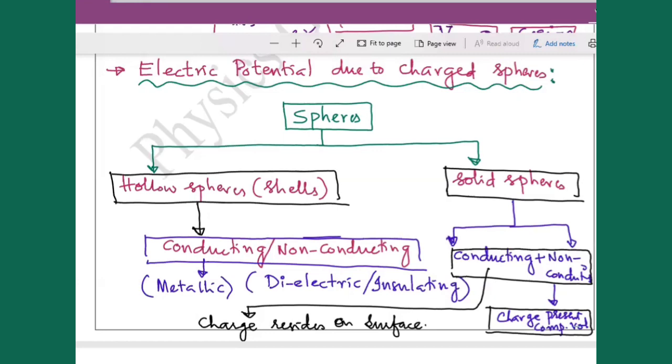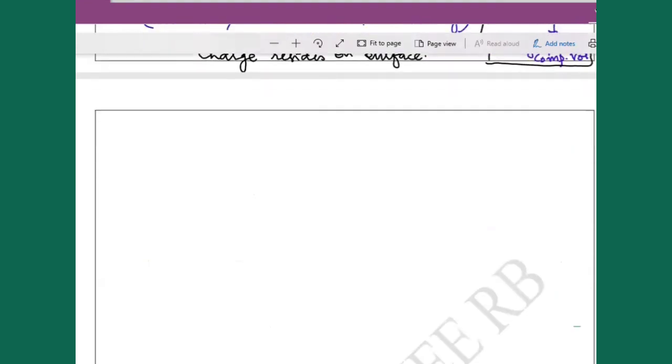Done, sir. Done? Okay, took the screenshot. Are you able to see the screen, the chat box, you are able to see? Anybody able to see? Only screen you are able to see. Okay. Now, the first one we are going to discuss.